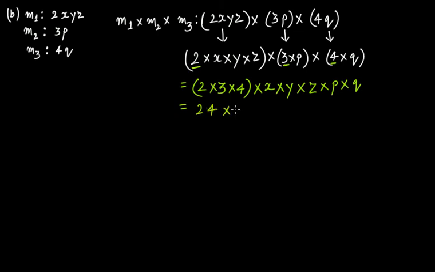So 24 multiplied by x y z p q. This can be written as 24xyzpq. So this is the answer for the multiplication of these three monomials.